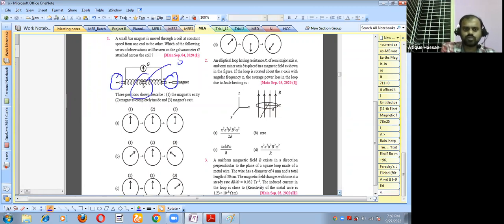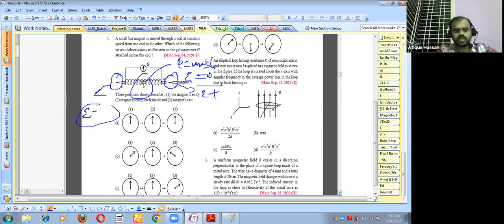In the middle, phi is almost constant, so EMF will be 0, no EMF induced. When it is entering, flux increases, so EMF will be induced, and when it is outgoing, flux decreases, so EMF will be induced, and both should be in opposite direction. If one is positive, the other should be negative. So now you can see A is not possible, B is also not possible.